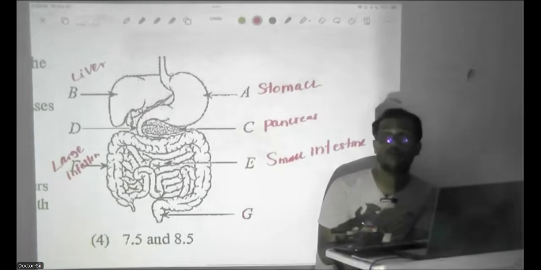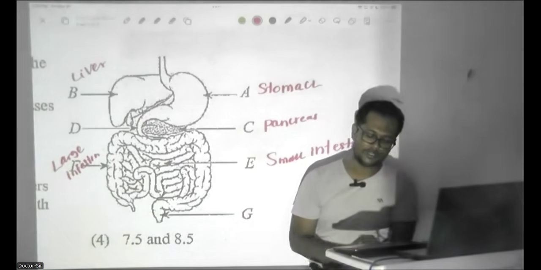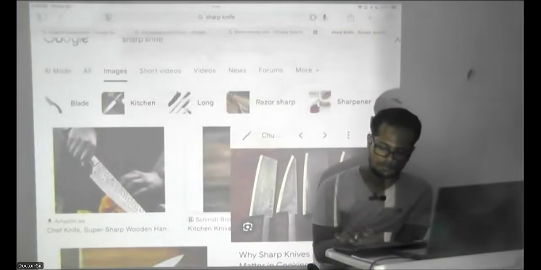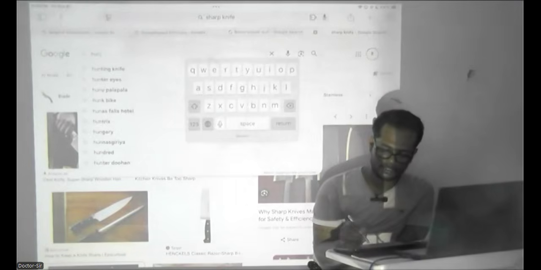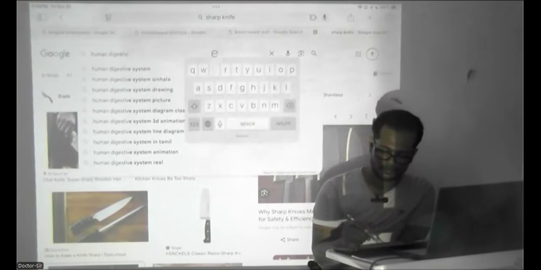So now we should know how this food will pass through that. So I will take a real image. Today I have access to the internet, images, all the things. I will get a human digestive system cross section.